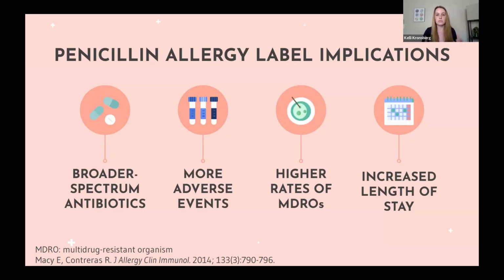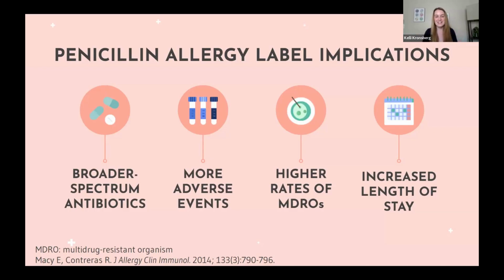And along with these broader spectrum agents, we're seeing higher rates of multi-drug resistant organisms in these patients. And that can include methicillin-resistant Staphylococcus aureus, or MRSA, vancomycin-resistant Enterococcus, or VRE, or Clostridioides difficile infections.